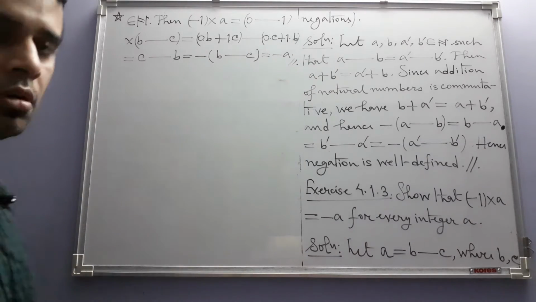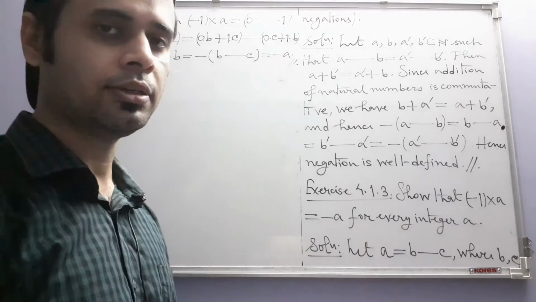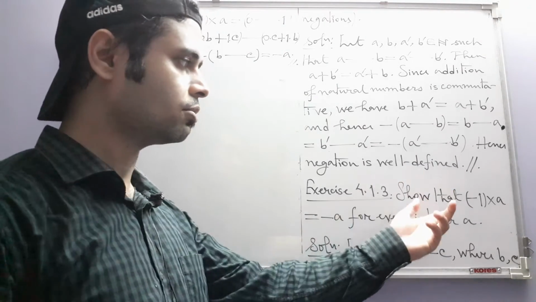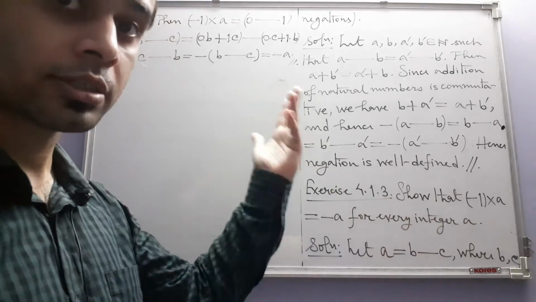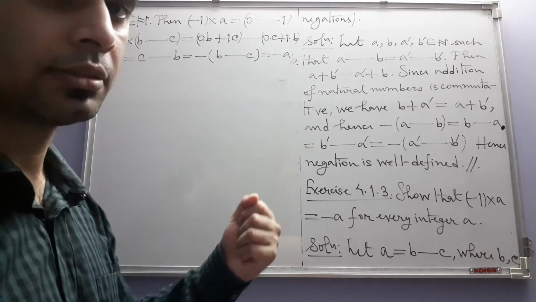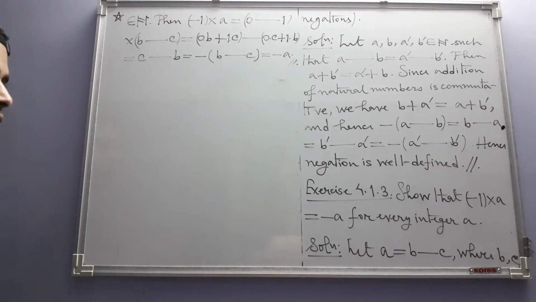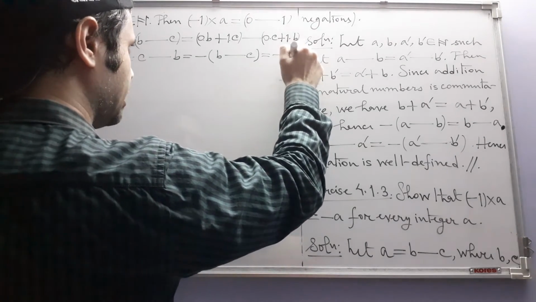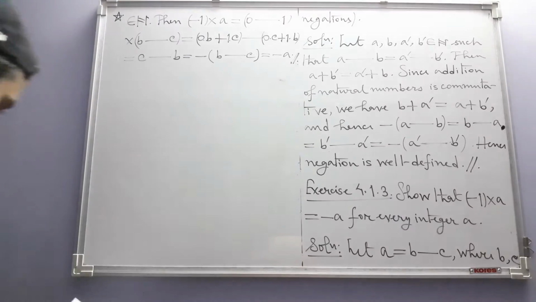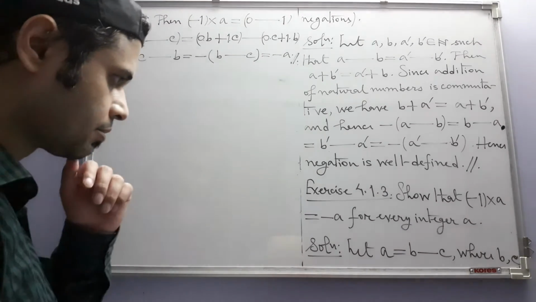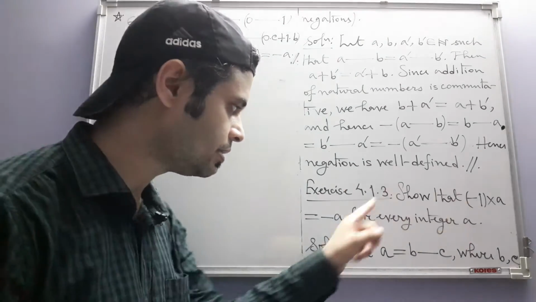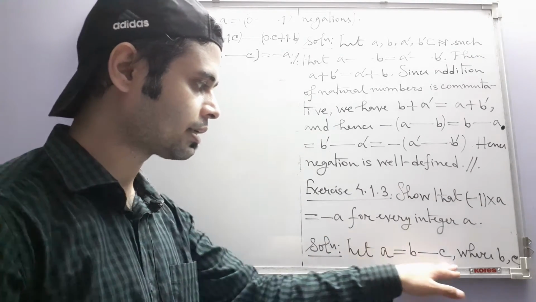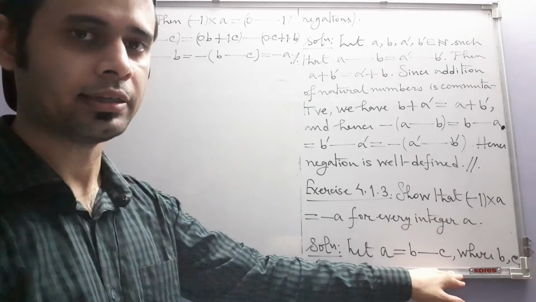Now those of you who are familiar with ring theory know that this can also be proved using the laws of algebra for integers in a particular way. I'm not going to say how because we are not doing algebra here. The fact that this is true really does not depend on the expressibility of a like this.